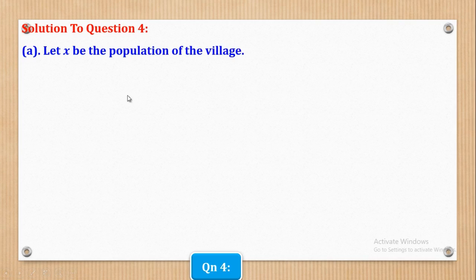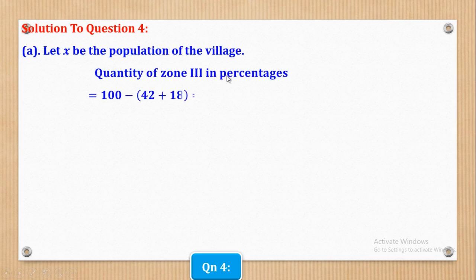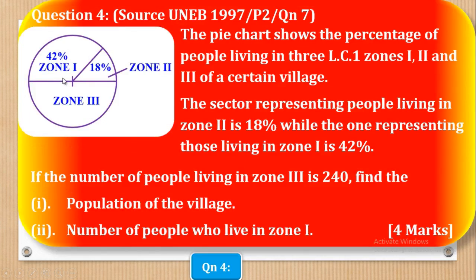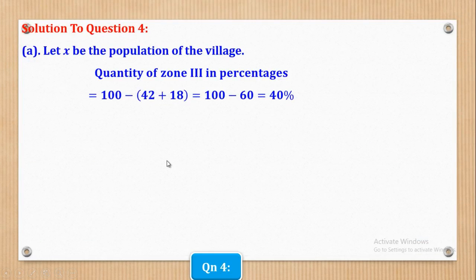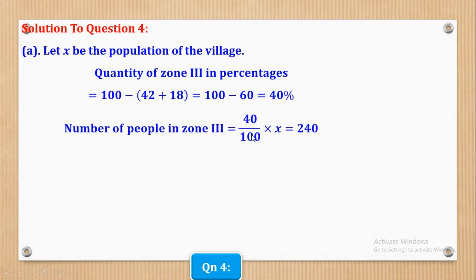So let x be the population of the village, then the quantity of zone 3 in percentages will be 100 minus 42 plus 18, which will be 100 minus 60 to come up with 40%. So now that we know the percentage for zone 3 and know the quantity for zone 3 is 240, we shall say that 40%, which is 40 over 100 multiplied by x, will be equal to 240.